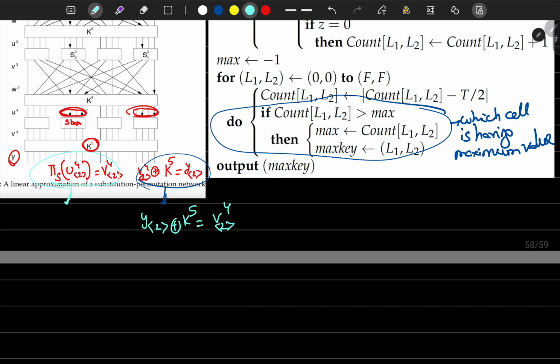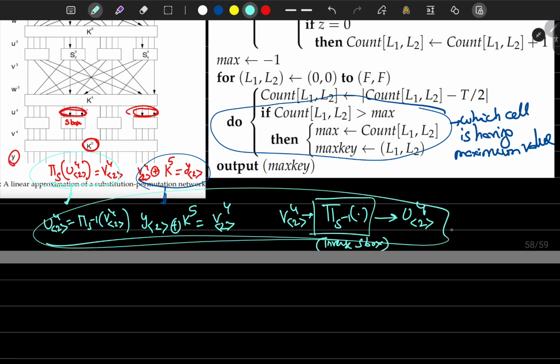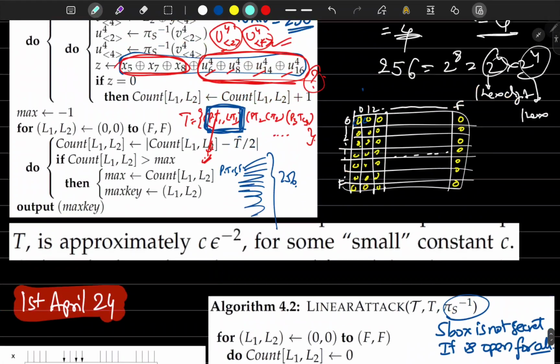Okay, now what we have to do is send v2 4 through the inverse of the S box function. Okay, if you send it, then you will get the pi u2 4. So from this you can write u2 4 as pi inverse s inverse v2 4. So from this equation, a very simple equation, they have written it like this with complex notation.